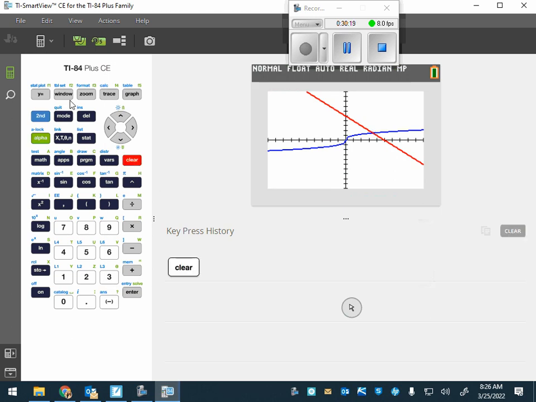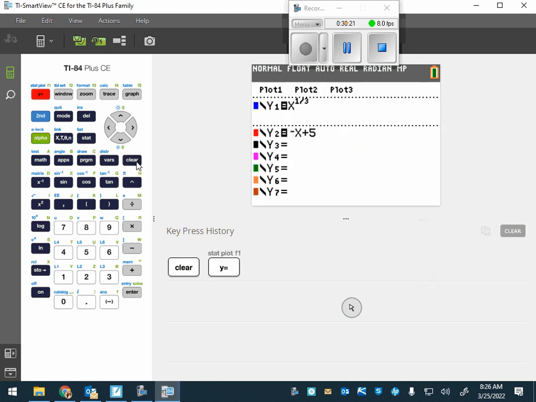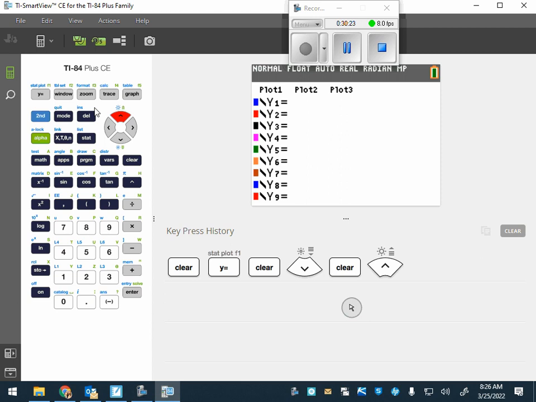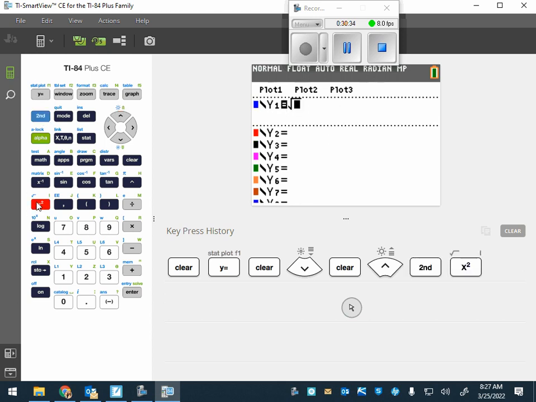Okay, so if you go into y equals, which is above the second key, we're going to type in second x squared. Anthony, pay attention.